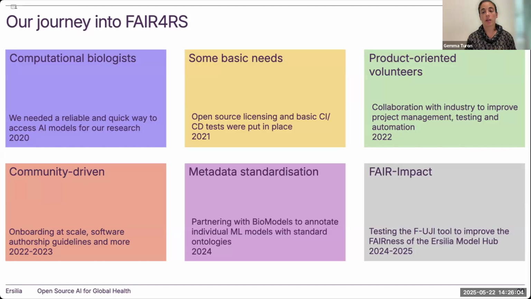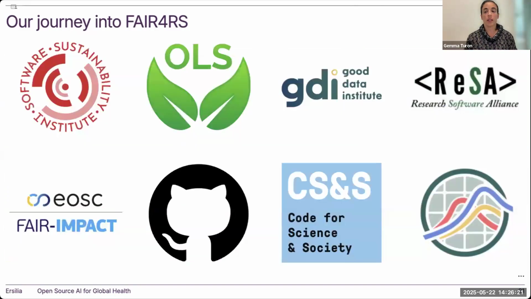And I would say further than the tool itself, which we're going to discuss briefly now, what this allowed us is to really do a deep dive into the different metrics for research software and how we could improve basically in all of them in Ersilia. But the main takeaway from this slide is that our journey into FAIR research software is obviously not the product of our effort only.